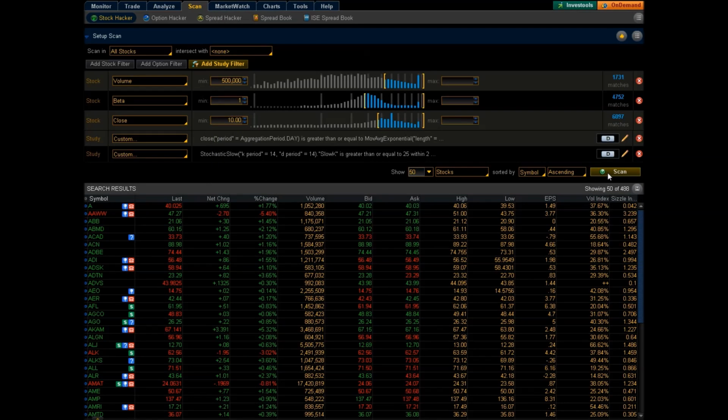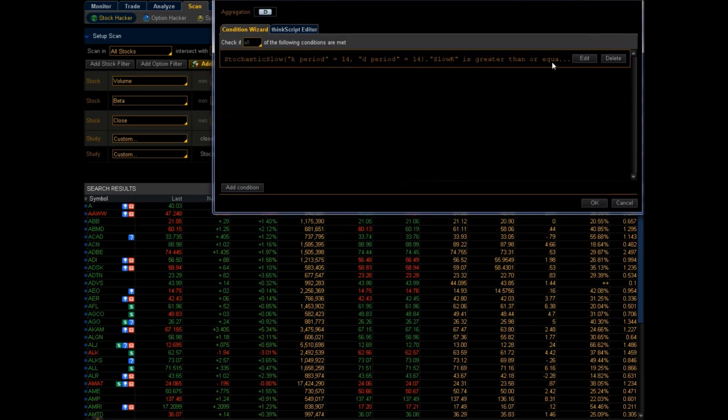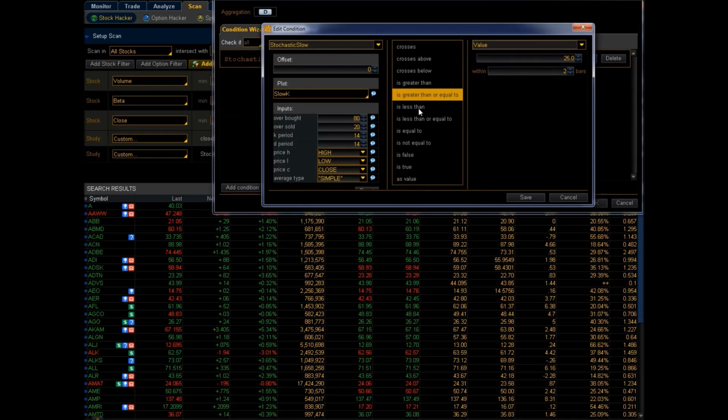So if we go ahead and run the scan now, basically what we're saying is the stochastic slow K period is greater than or equal to 25. That's wrong. I want it less than. So this should be less than or equal to 25.